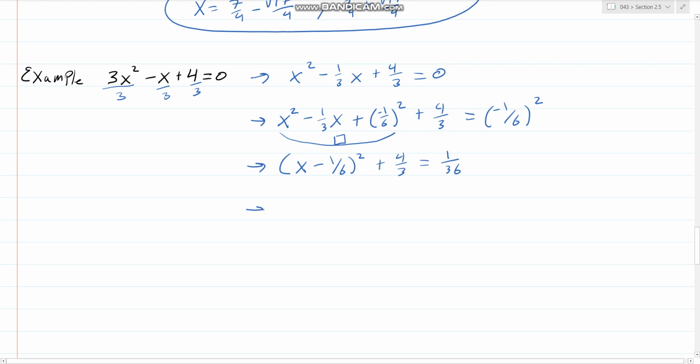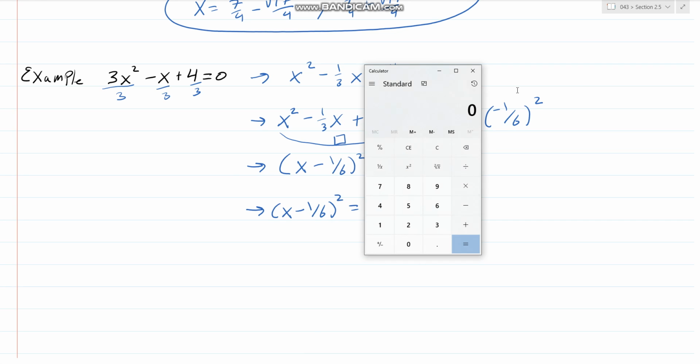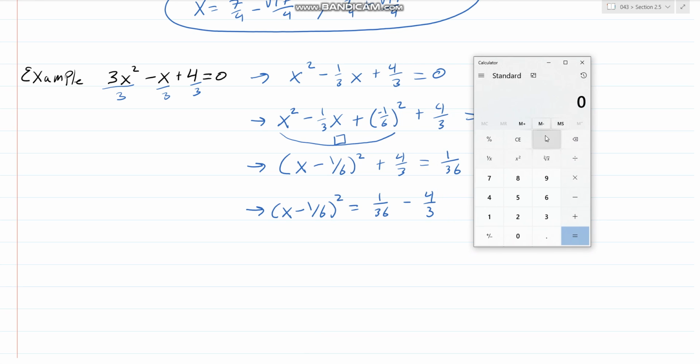Now we can subtract 4/3. So I have x minus 1/6 squared equals 1/36 minus 4/3. Now I need to combine these fractions, and so I need to turn the 3 into a 36. I think that's 18, but I am just going to check my calculator and double check. It was 12.